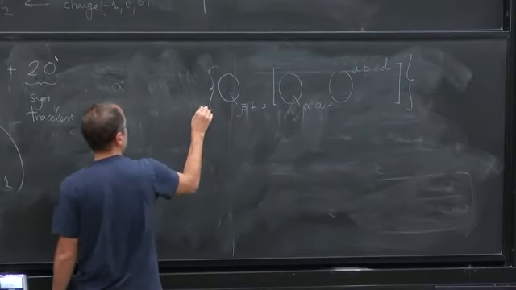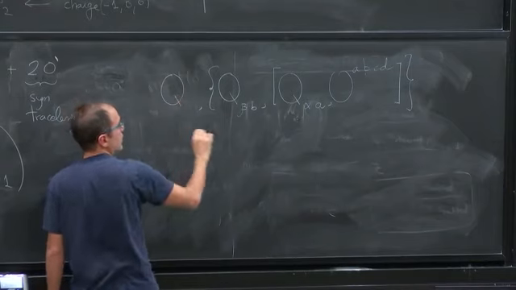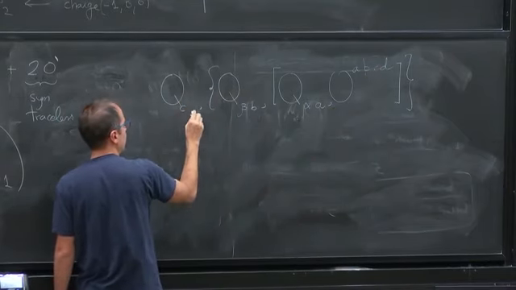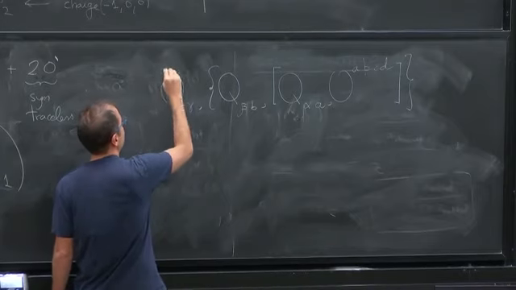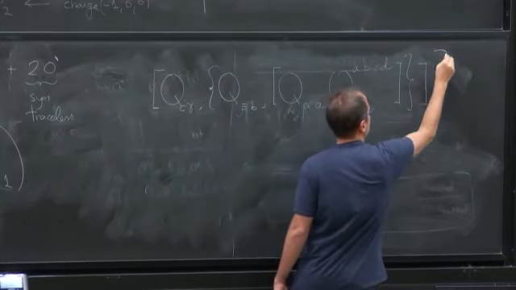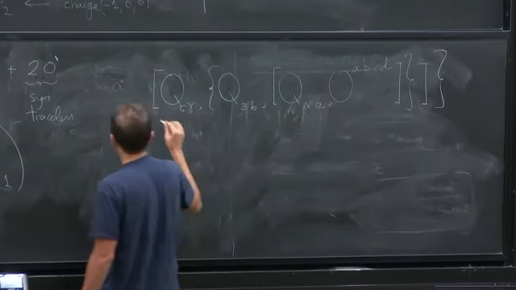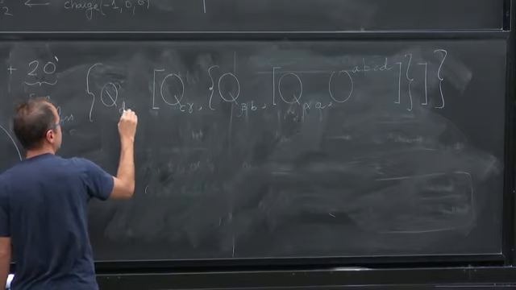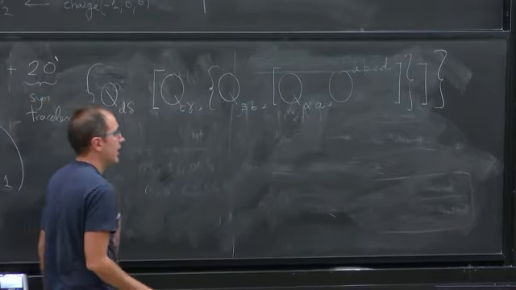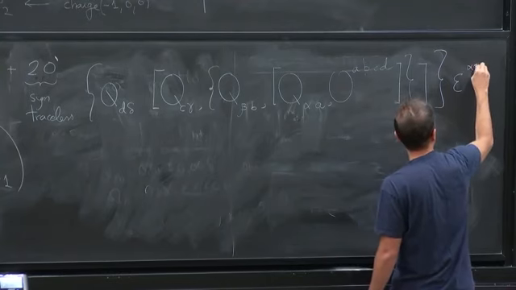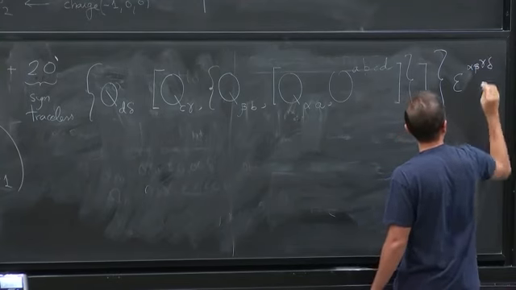Then let's act with a Q that takes the index C and gives an index gamma. And finally, let's act with a Q that takes the index D and gives delta. And to get rid of all indices, let's then contract the result with alpha, beta, gamma, delta.